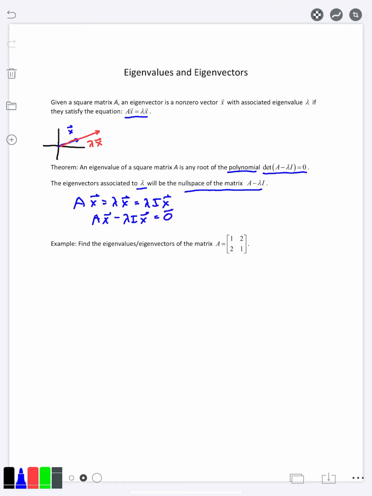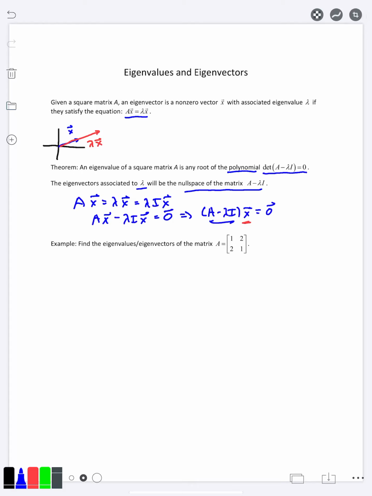Then we can factor out the x there and get (A minus λI) times x equal to 0. So again, we're looking for solutions of this equation, which is exactly the null space of the matrix A minus λI. And we've seen how to find null spaces in previous videos.